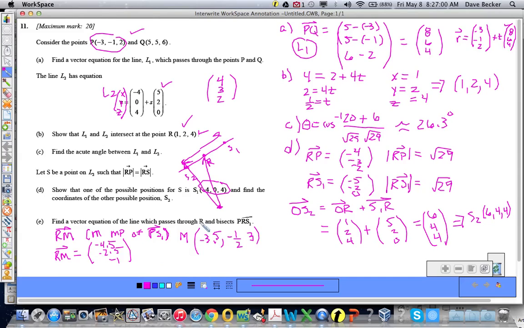Well, it passes through R, so R is my point. So you could say r equals (1, 2, 4) plus some t times (9, 5, 2). Well, we like positive values. Just multiply through by negative 2, and you're going to say, well, that's the opposite direction, Mr. Becker. Well, this is the equation of a line, so it's all cool.